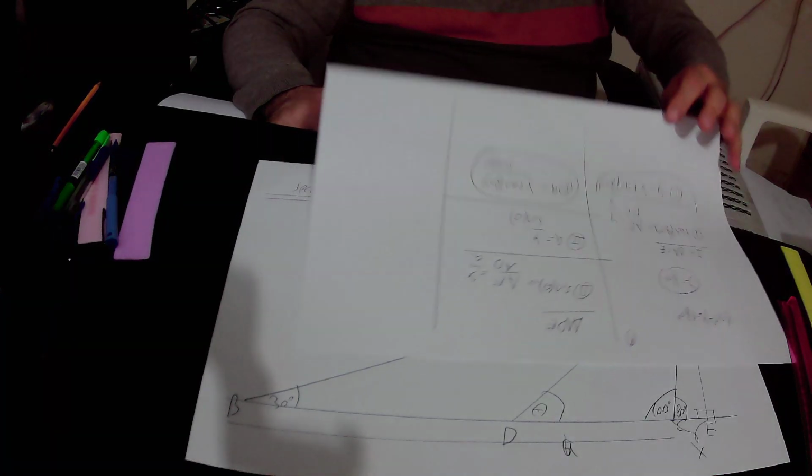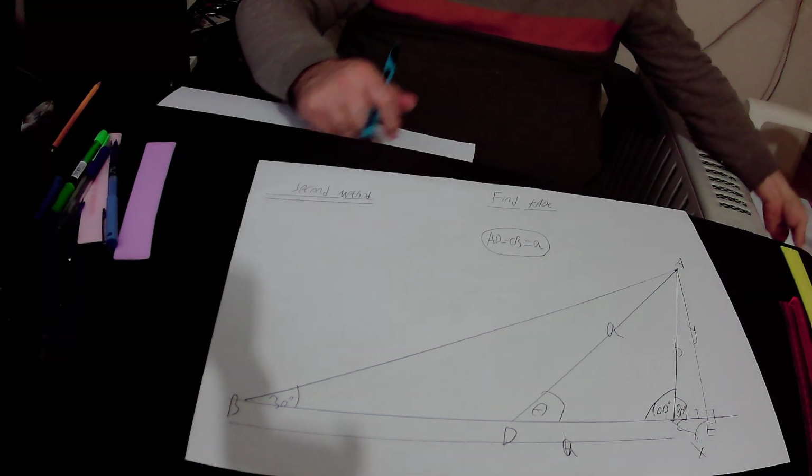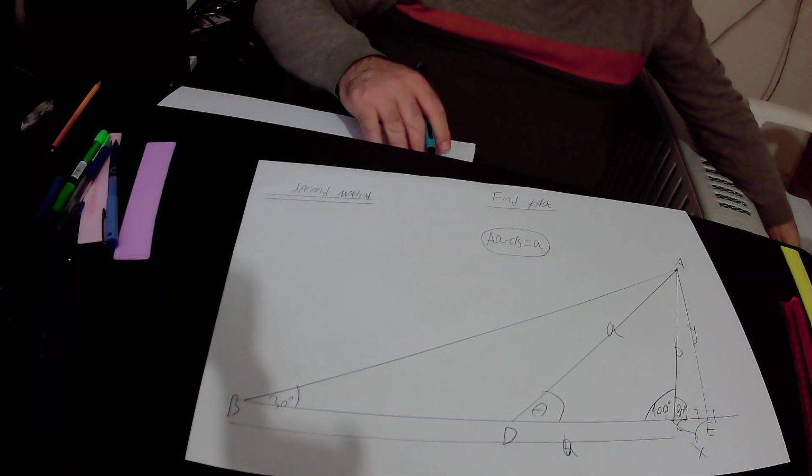Okay, so in the next step we will focus on the right triangle, triangle ABE.